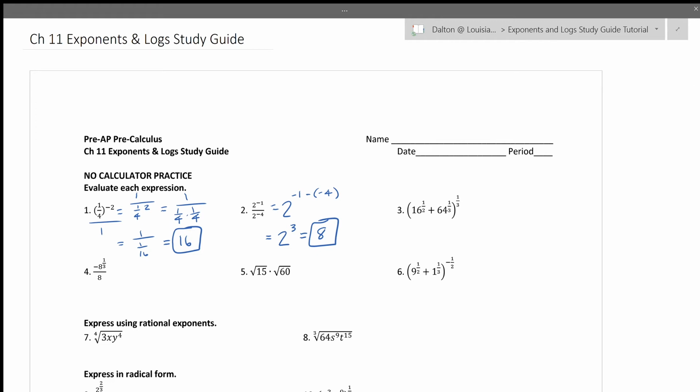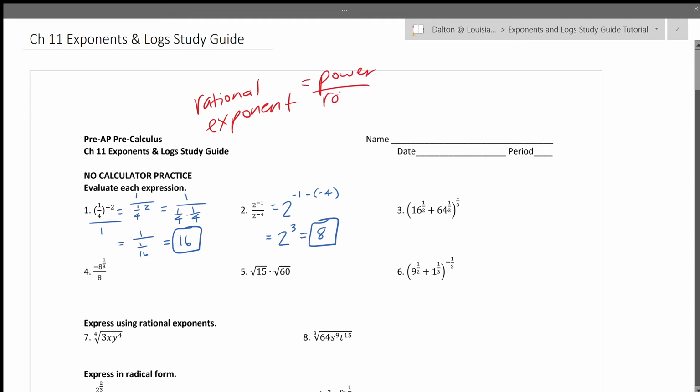What you need to remember is that anytime you have a rational exponent, and a rational exponent is just a fractional exponent, its numerator stands for the power, and the denominator stands for the root.